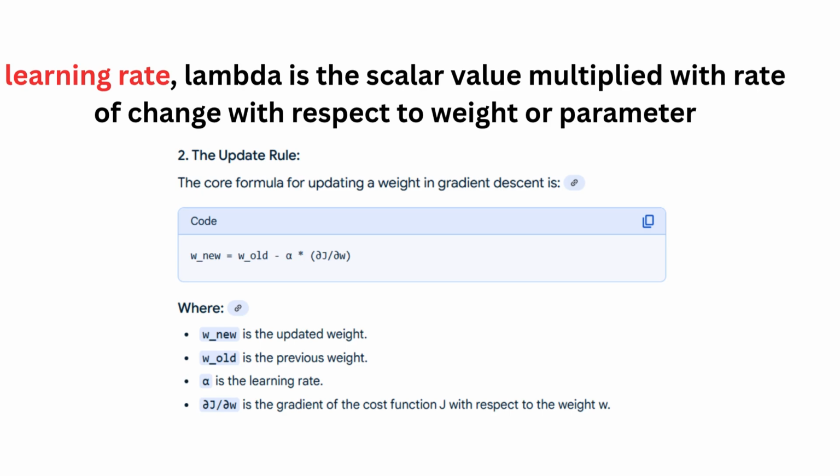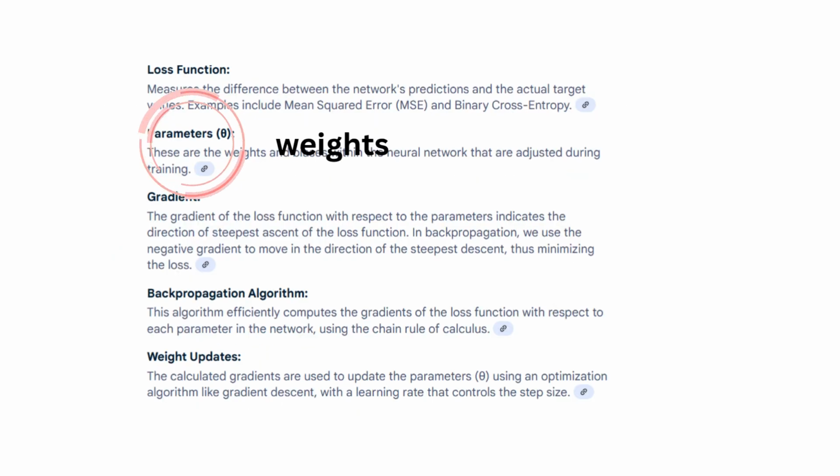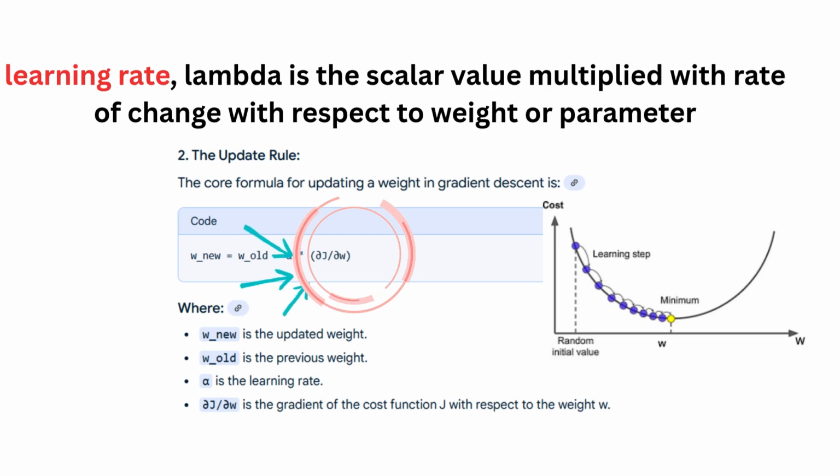So for example, to elaborate on gradient descent, how you arrive at the new weight: you subtract from the old weight the derivative of the loss function. Let's take a parameter theta, which is basically the weight, and you find the derivative of the loss function with respect to this theta, with respect to this weight.